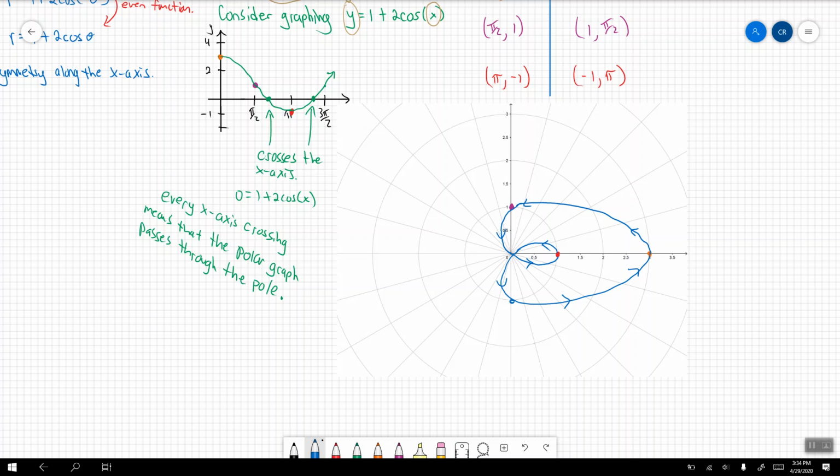All right, typically these here are called limacons. I'm going to say the graph of this equation is called a limacon.